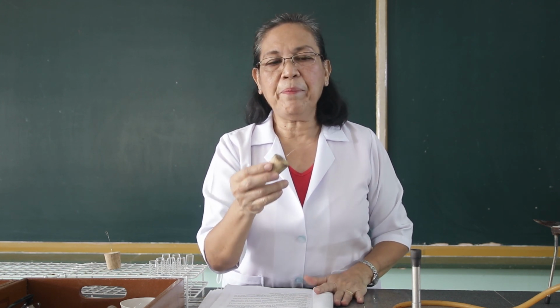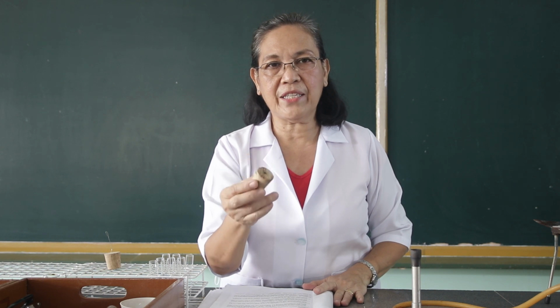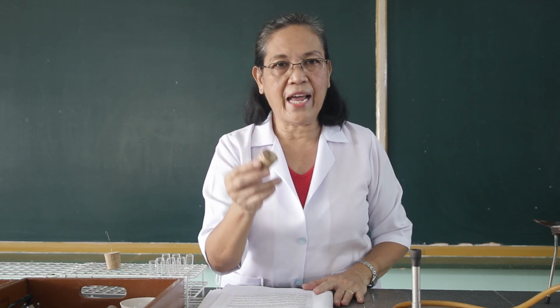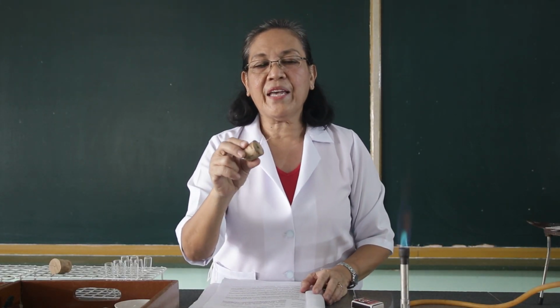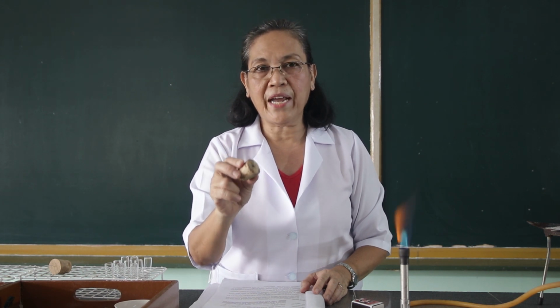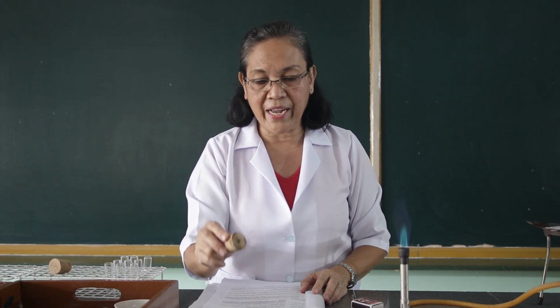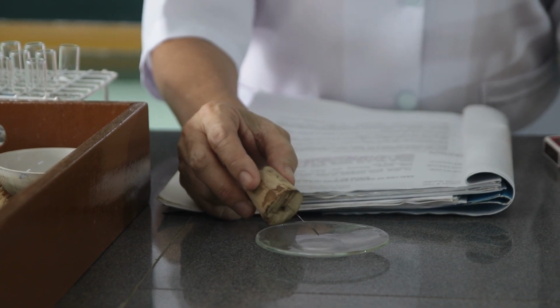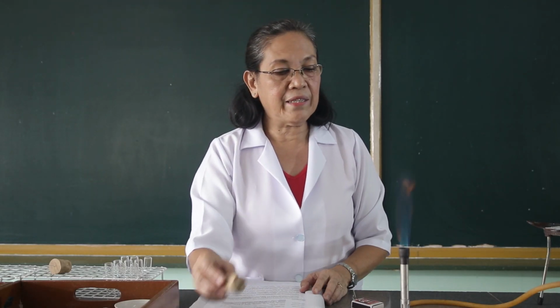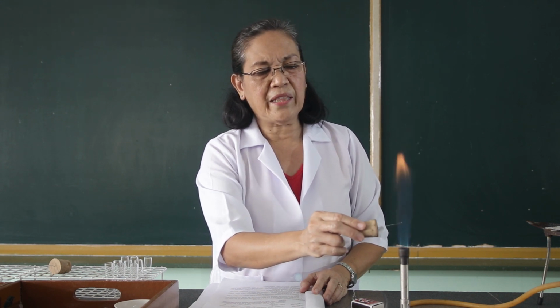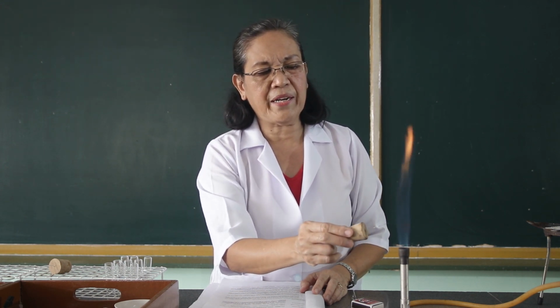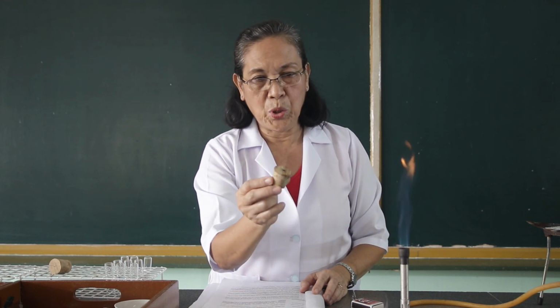How? By dipping this into the hydrochloric acid solution and igniting it over the Bunsen flame. In cleaning the Nichrome wire, you are going to dip the loop part of the Nichrome wire into the hydrochloric acid solution and bring it over the Bunsen flame. You have to make sure that there is no other color imparted by the loop or by the Nichrome wire.